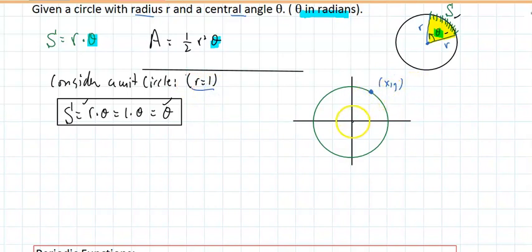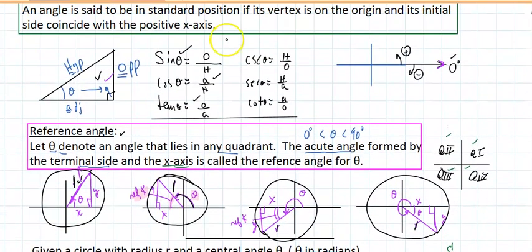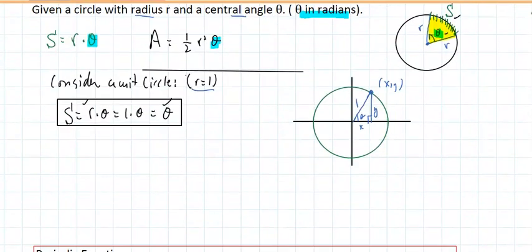Well, if I run from the origin, create my rectangle, there's x, there's y, that's 1, there's theta. We agreed that the sine of this angle theta is the opposite over the hypotenuse.